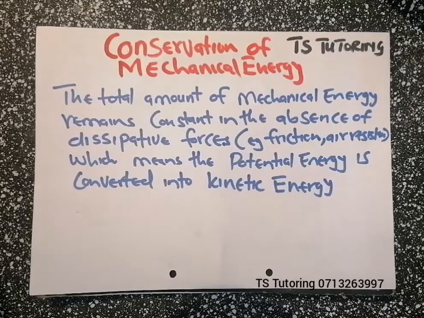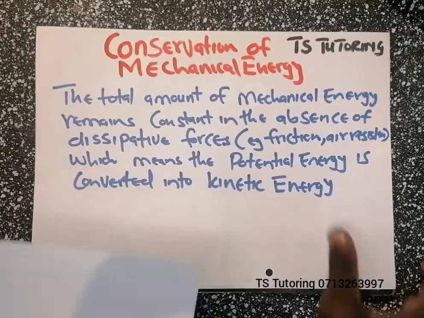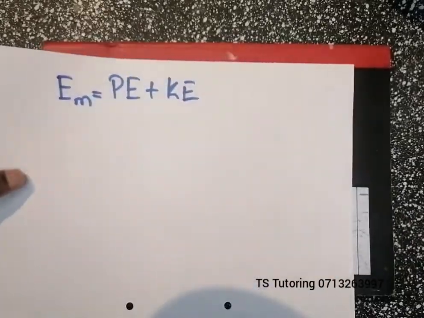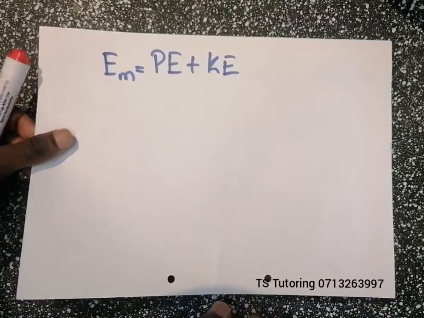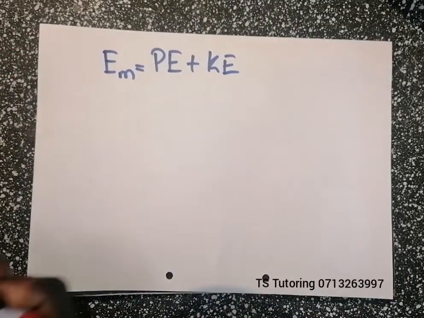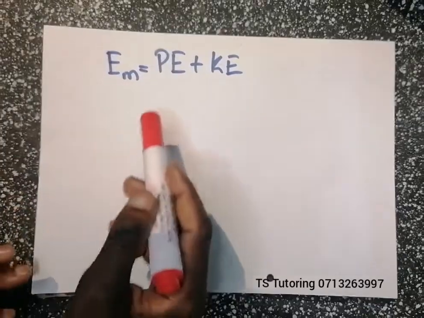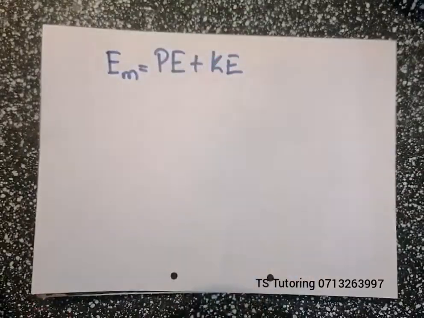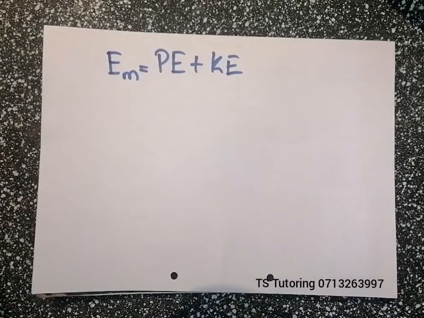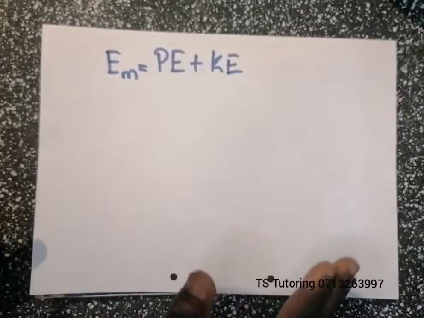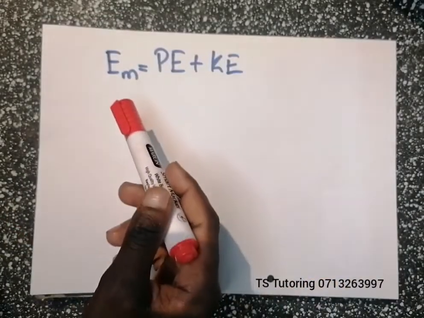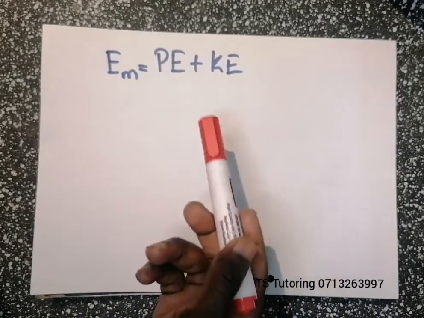Remember, we know from our equation of mechanical energy, EM stands for mechanical energy, right? So the mechanical energy is the sum of potential energy plus kinetic energy. In the absence of all the other forces, the potential energy will be converted to kinetic energy and vice versa.